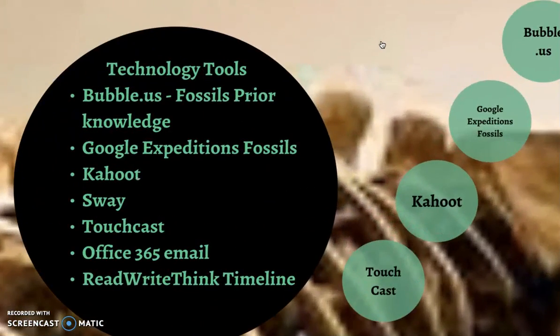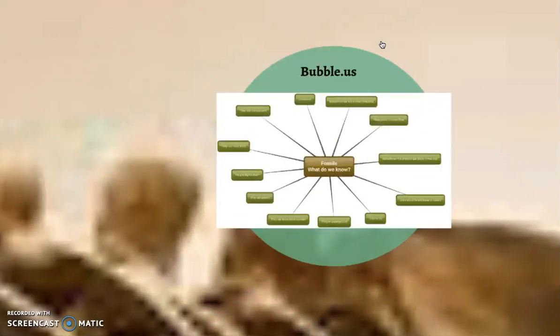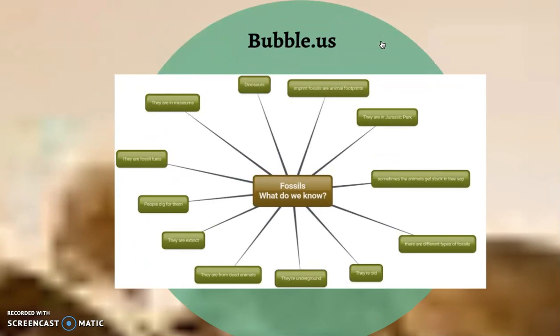The technology tools that I'm going to focus on are Bubble.us, which is a mind map tool. We did this at the very beginning of the unit to find out their background knowledge, which I soon found out came mostly from Jurassic Park.